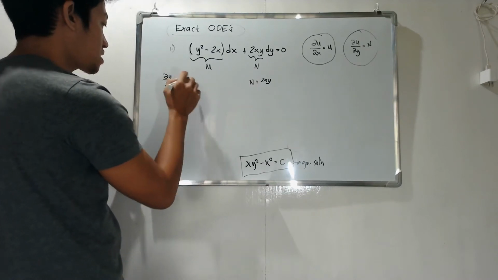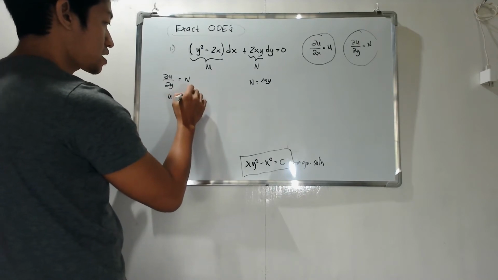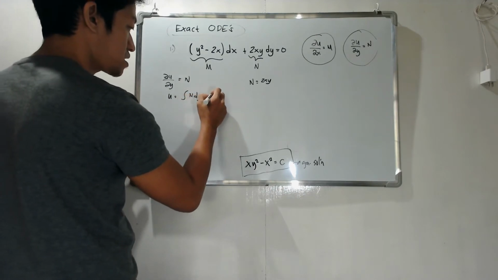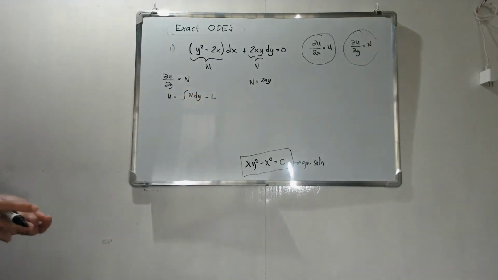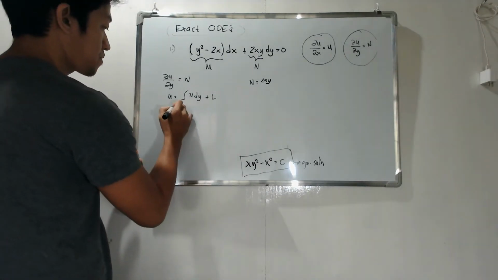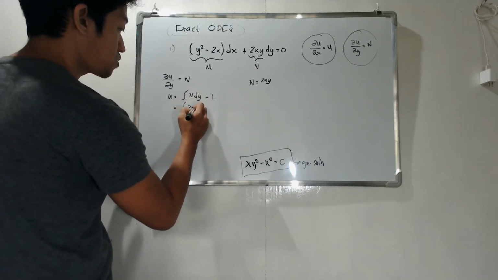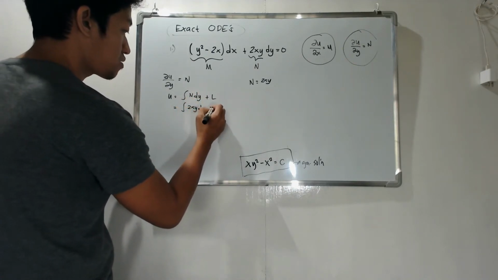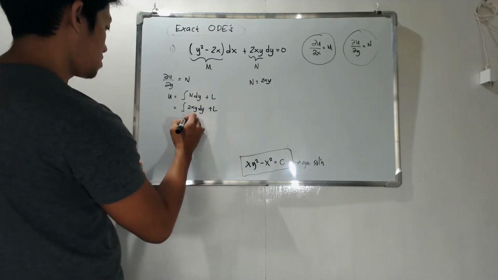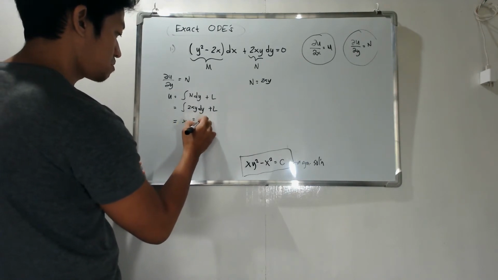And if you integrate this one, you'll get u is just equal to integral of n dy plus L, constant of integration. So u is just integral of xy dy plus L, which is x y squared plus L.